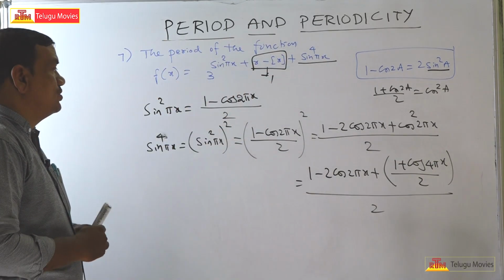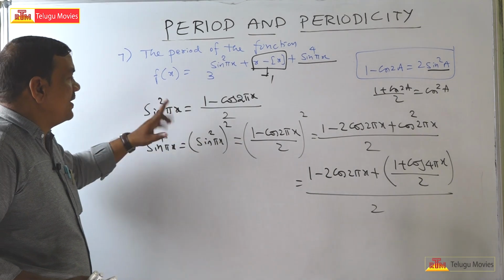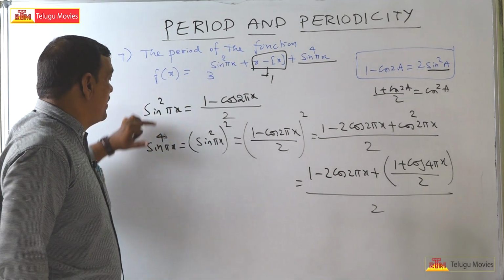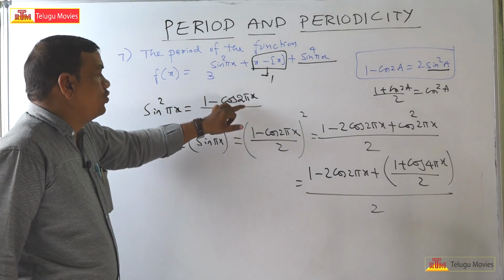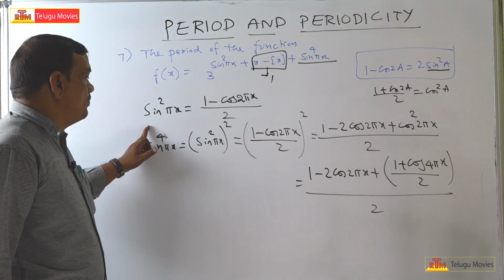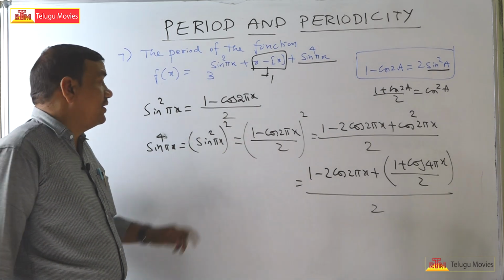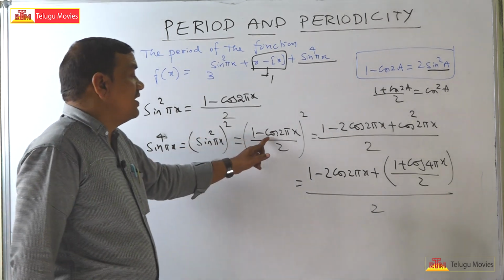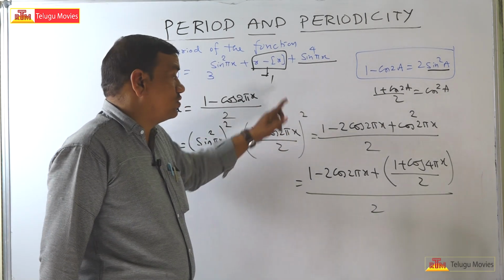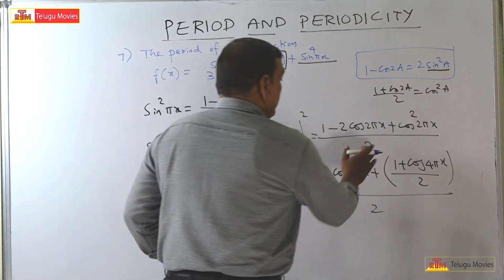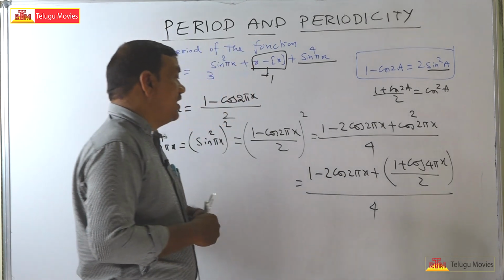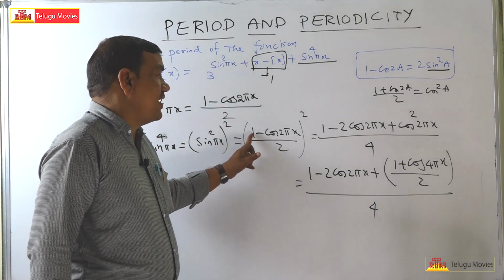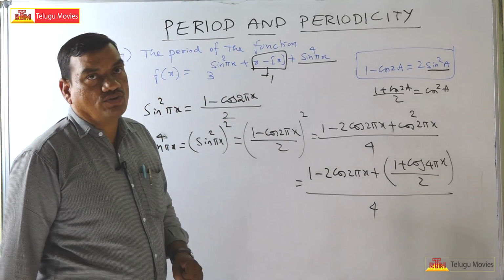So we know that sine square pi x is (1 minus cos 2 pi x) by 2. Sine to the power of 4 means sine square whole square, so (1 minus cos 2 pi x) by 2, again whole square. Of course, you will get 4 in the denominator here.